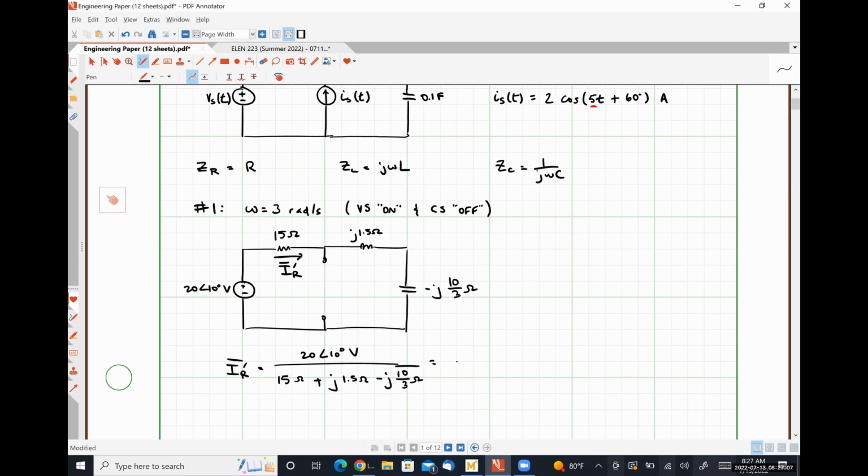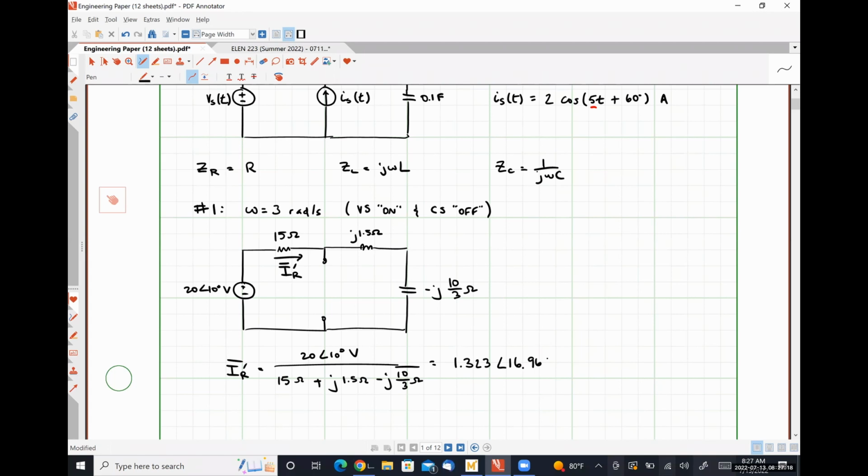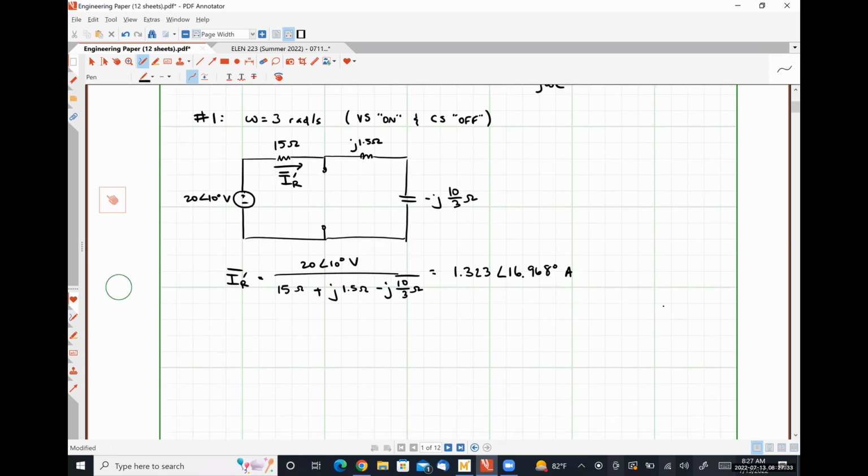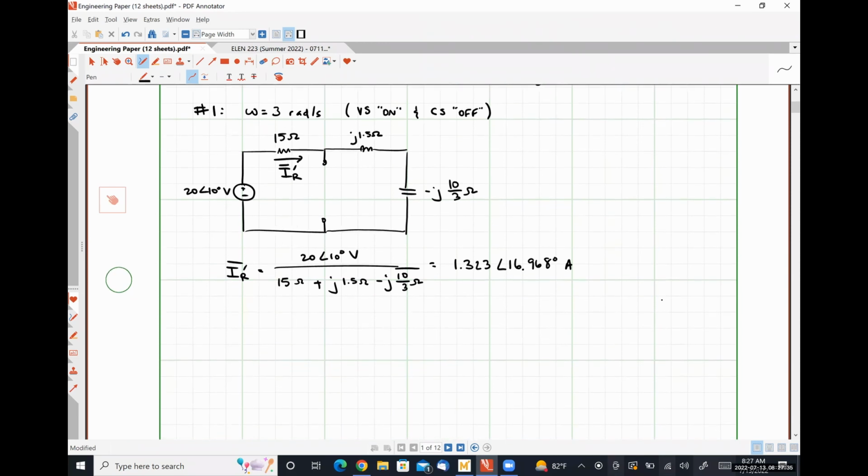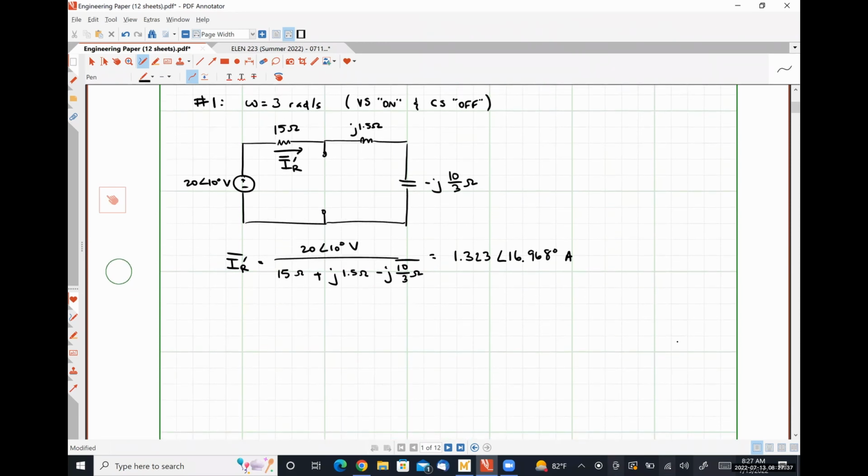I get a current of 1.323 angle 16.968 degrees. I'm going to give myself a little bit of room here before I do our second analysis, and you'll understand the reason in just a moment.